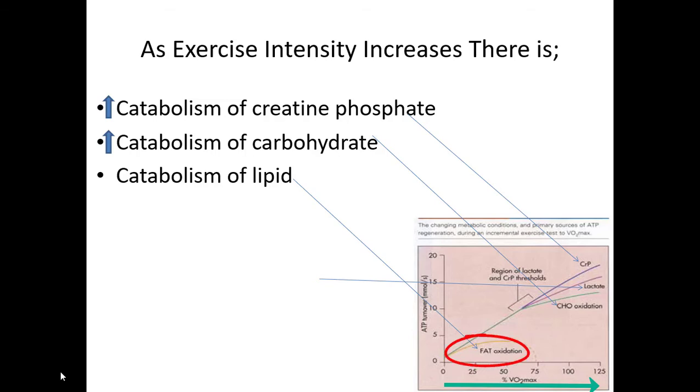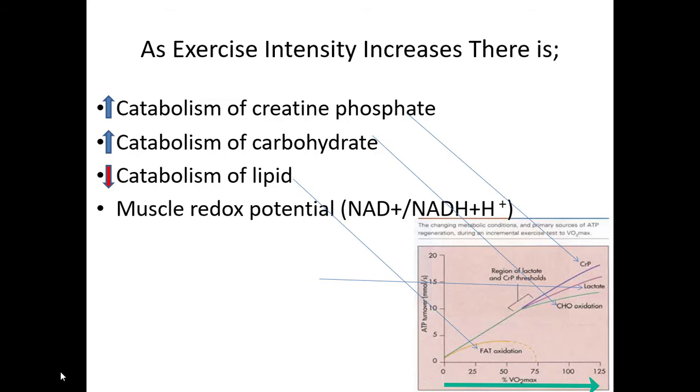Lipid is the lower part, so it decreases. Does it make sense? As exercise intensity increases, lipid metabolism decreases. How about muscle redox potential, which you learned just before? Does it increase or decrease? It decreases as exercise intensity increases.